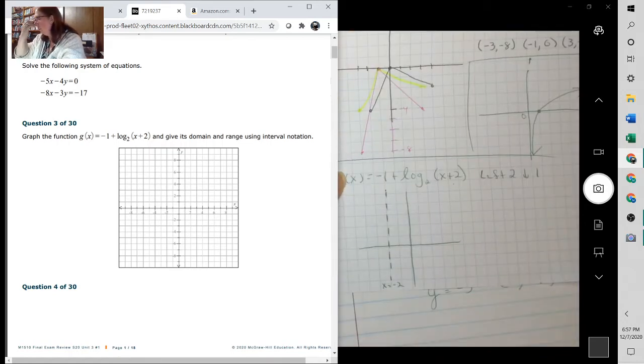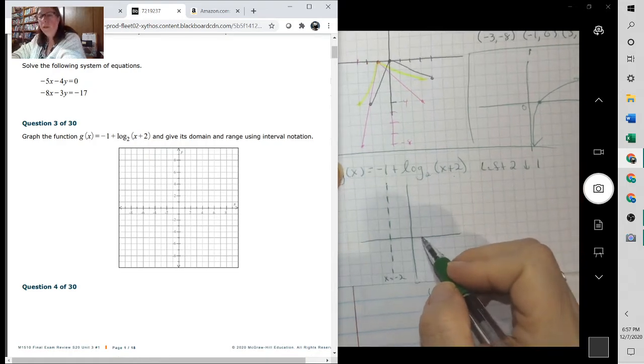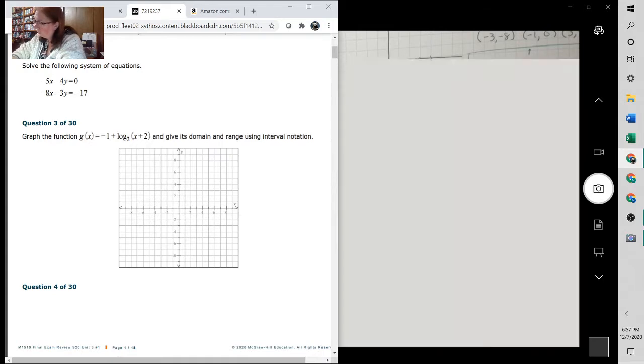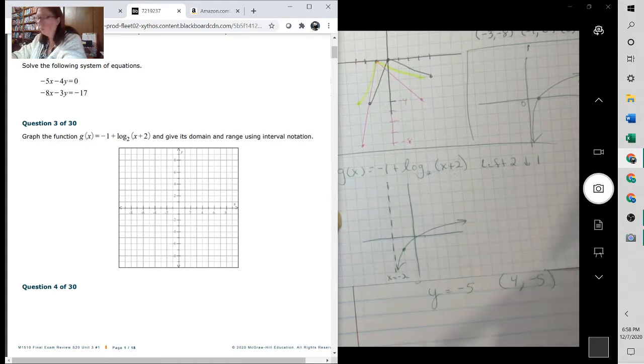So our asymptote is at -2. And then we were here at 1. We're moving left 2 and down 1, so it's here. And there's your graph.